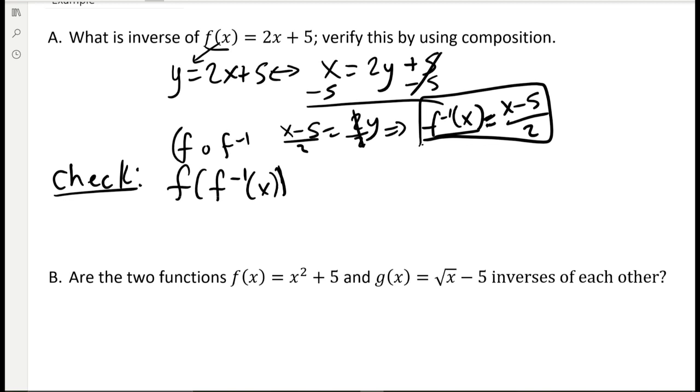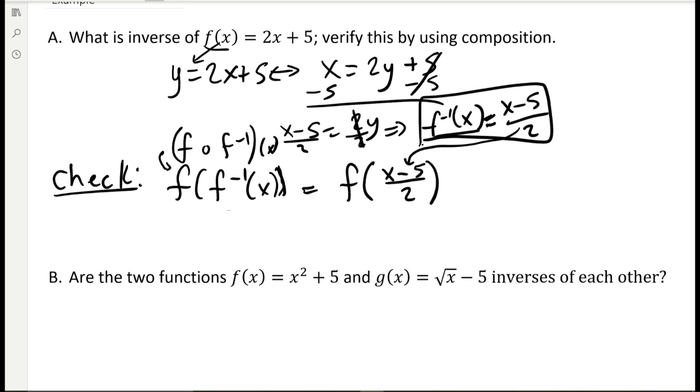Okay, these mean the same thing. So now what we're going to do is take f inverse and plug it into f. So let's replace f inverse with what we have here. So that's basically x minus 5 over 2.